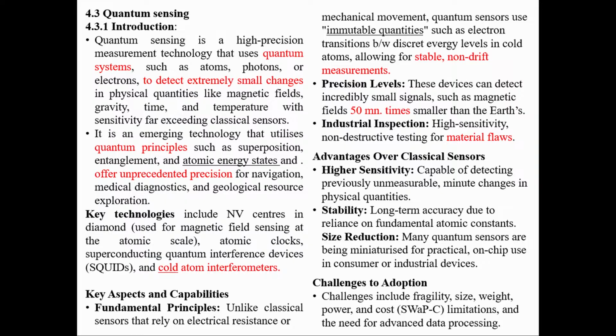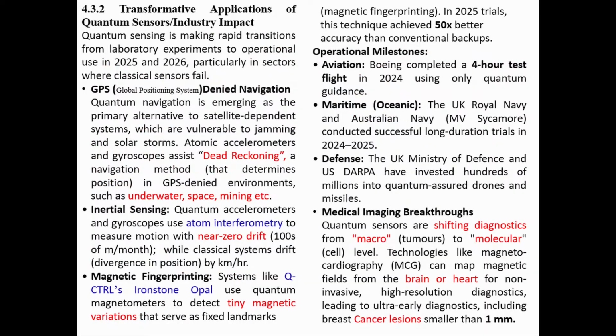I will give you a few examples of this. GPS: in some places, satellite-dependent navigation is used. Actually, solar storms and sometimes jamming can disturb it, since one can jam your network. Such problems can be avoided by using GPS-denied navigation. There are methods based on quantum technology.